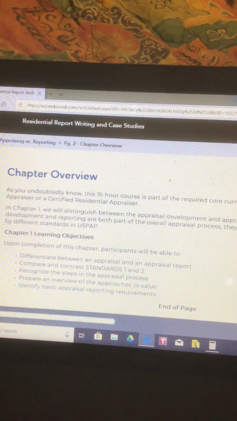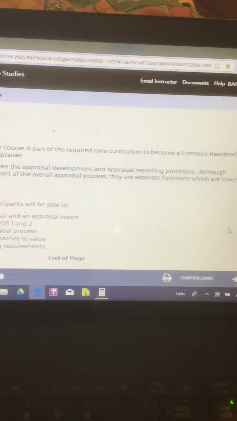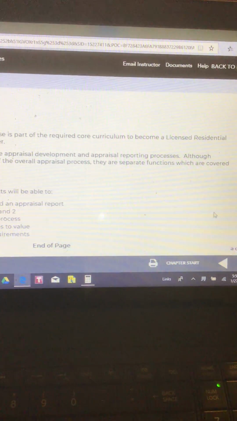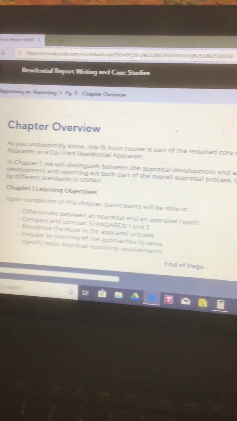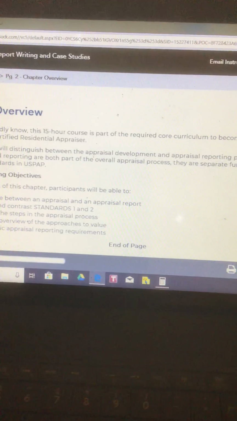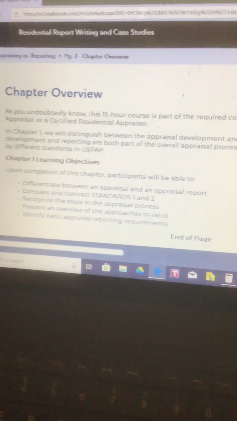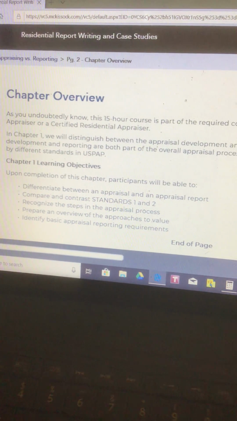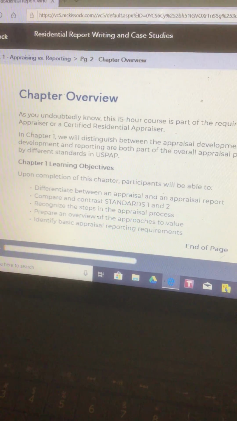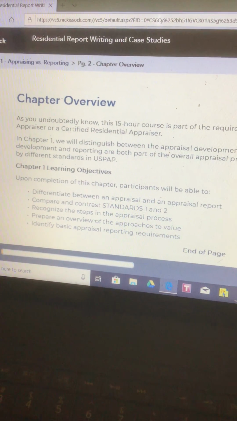In Chapter 1, we will distinguish between the appraisal development and appraisal reporting processes. Although development and reporting are both part of the overall appraisal process, they are separate functions which are covered by different standards in USPAP.